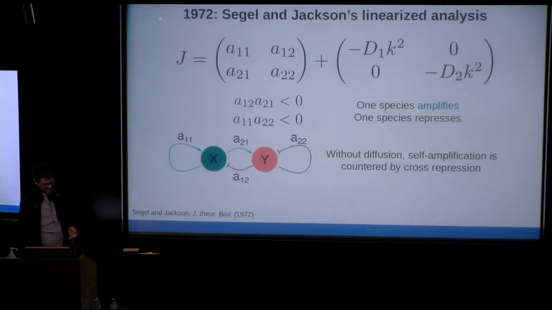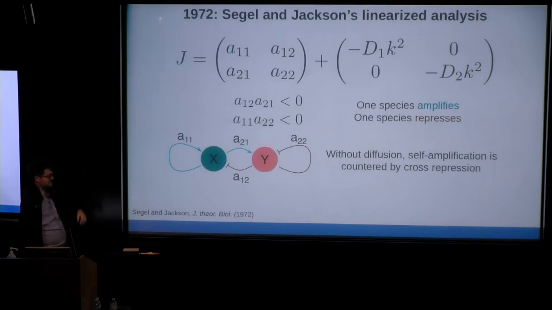Simultaneous to this, Segel and Jackson are doing a full linear stability analysis of reaction diffusion systems and actually saying, okay, here are the conditions for instability. Here are the relationships between the parameters. And between the two of these groups, they identify basically the key features that underlie all the stuff that's been done since.